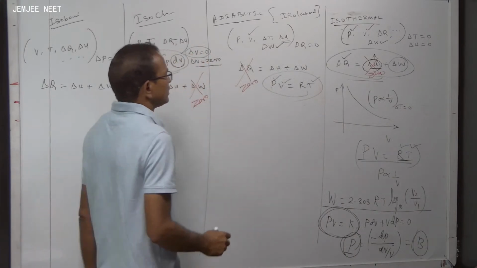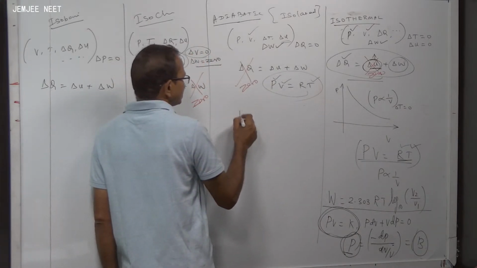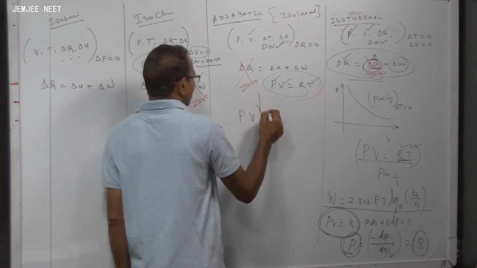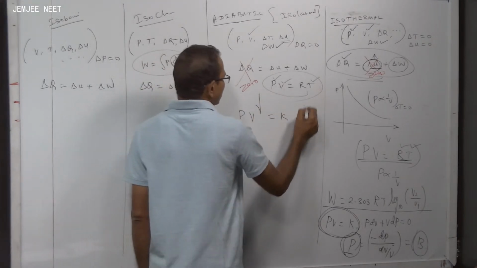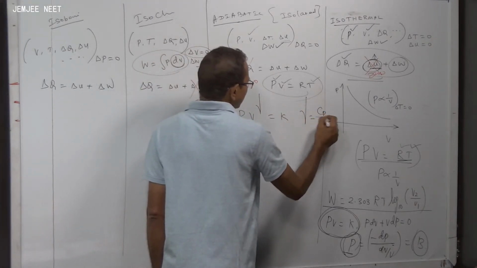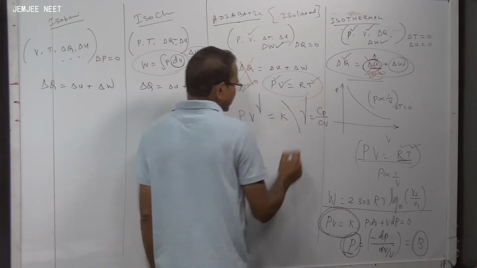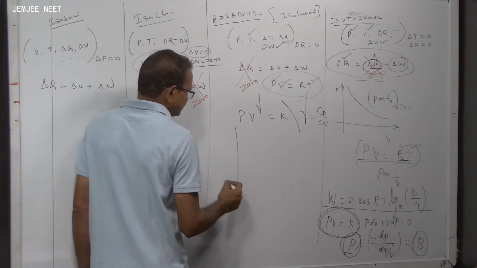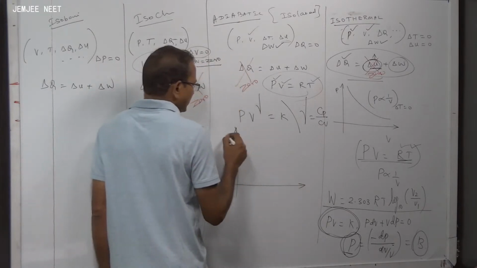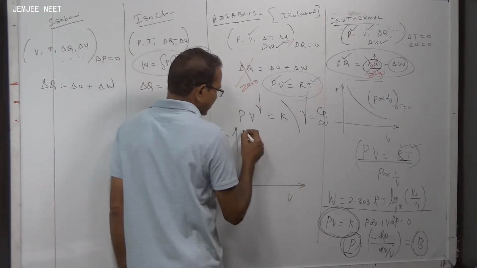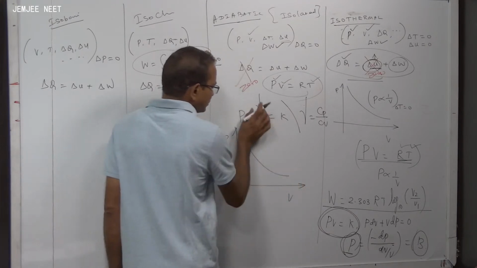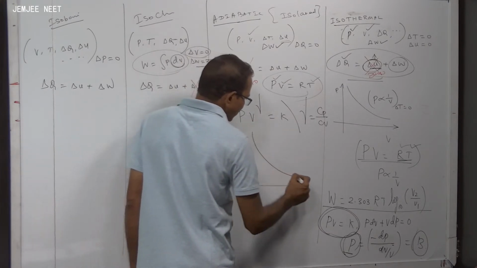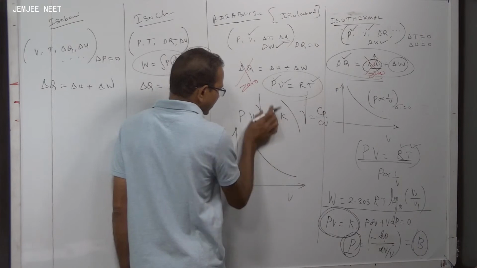Now the formula for this is PV power gamma equal to constant, where gamma is nothing but Cp by Cv of the gas you are using. What's the graph for this? On the PV graph, it is steeper than the isothermal.